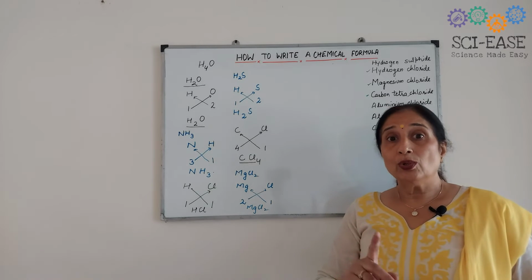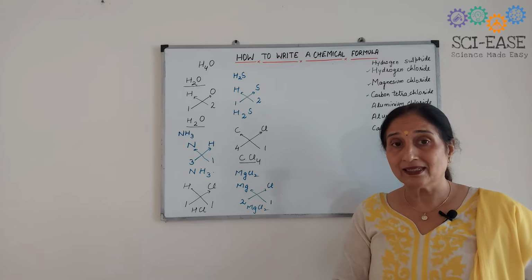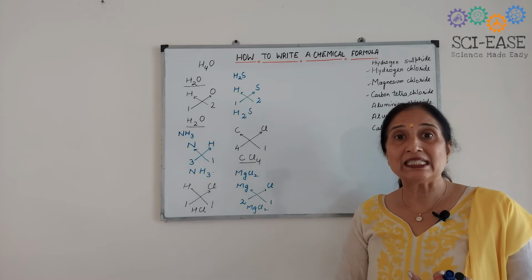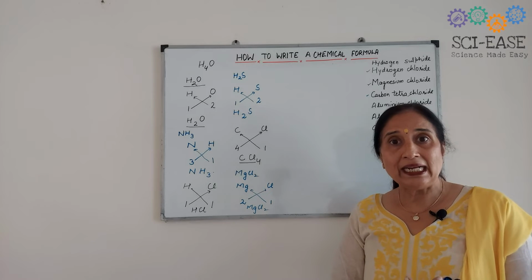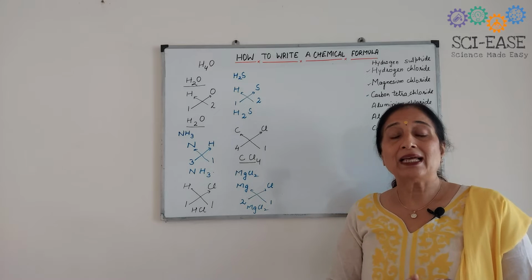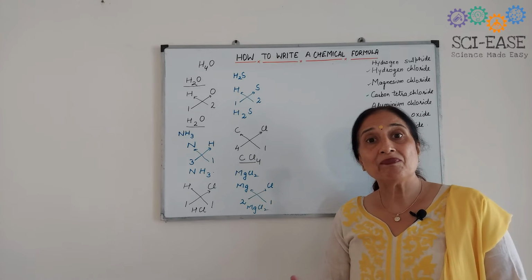Metals are monovalent, having valency 1, divalent, having valency 2, and trivalent, having valency 3.